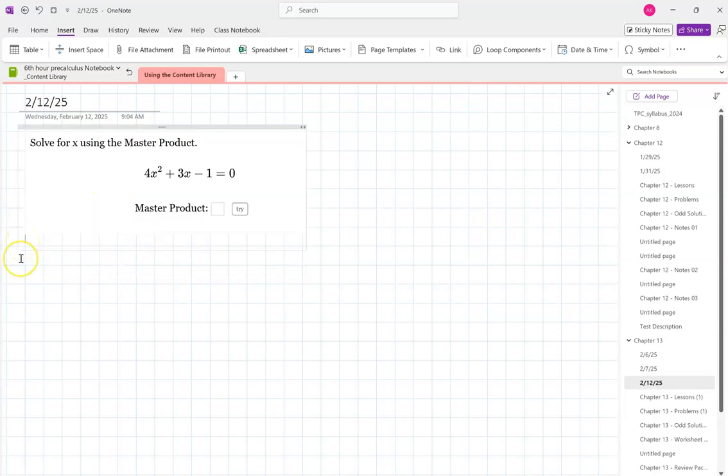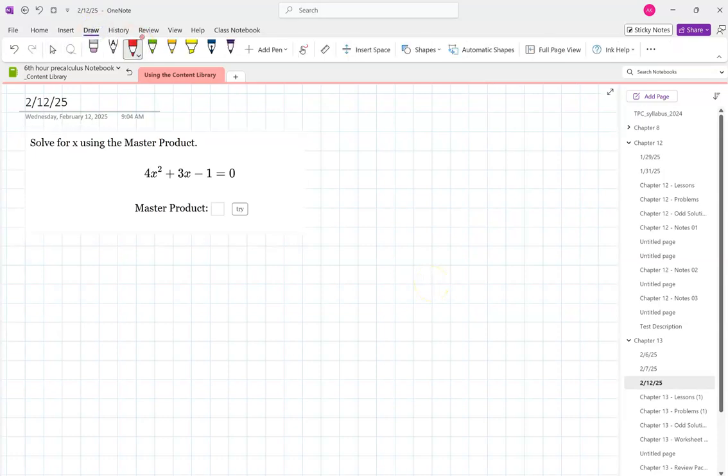So the idea here is we want to start by finding the two things that multiply to give us the leading coefficient times the constant term, and then also add to give us the middle term, the linear term.